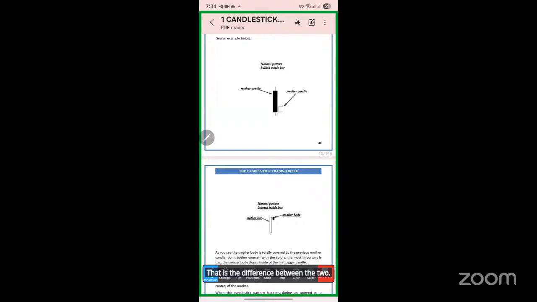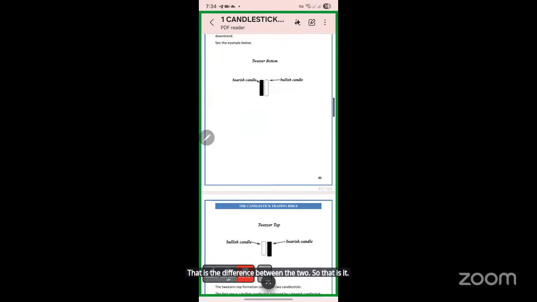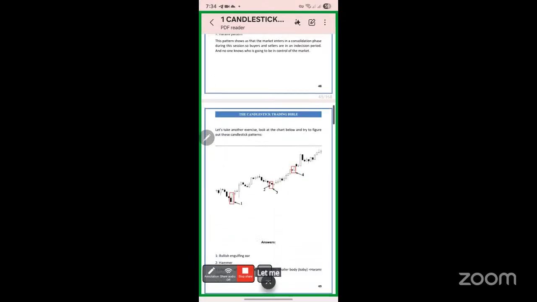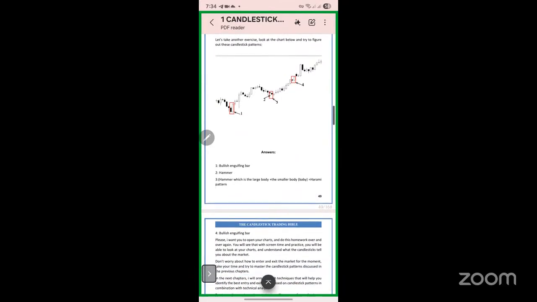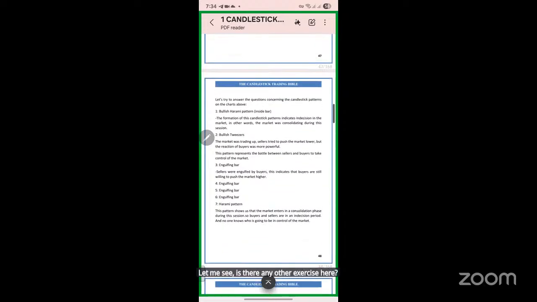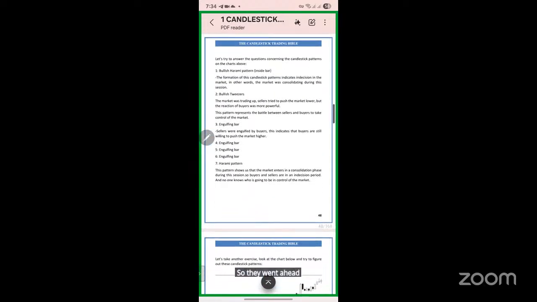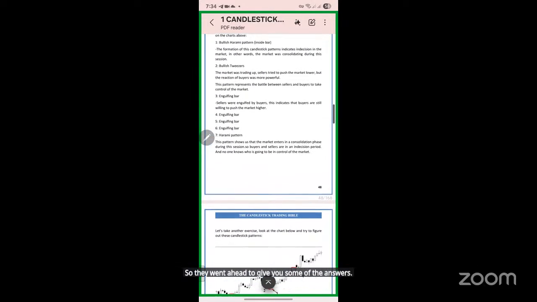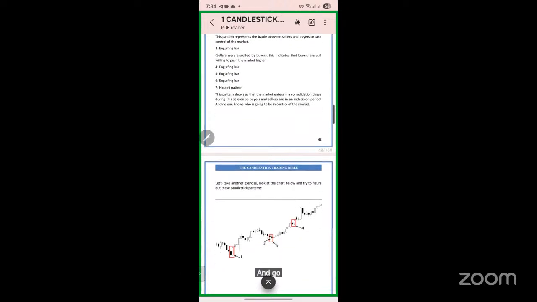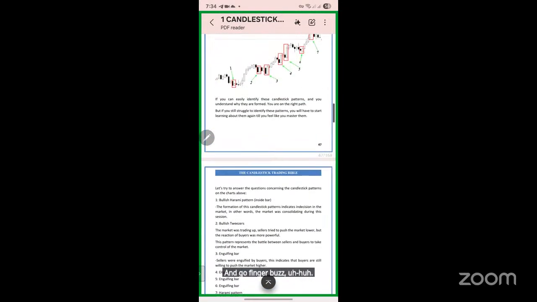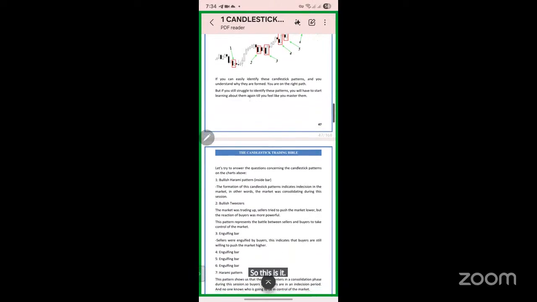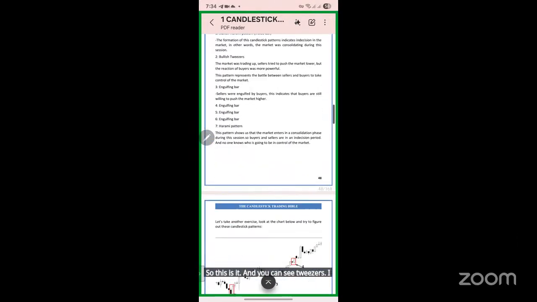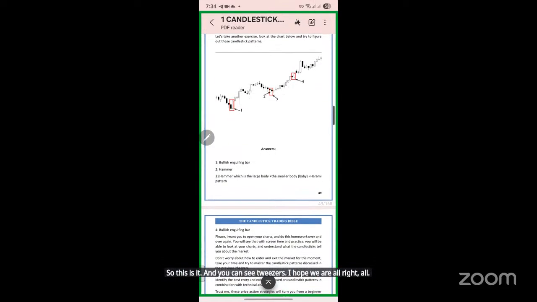Unless you have any question, let me see, is there any other exercise here? They went ahead to give you some of the answers. Engulfing bars, and you can see tweezers. I hope all the answers were right.